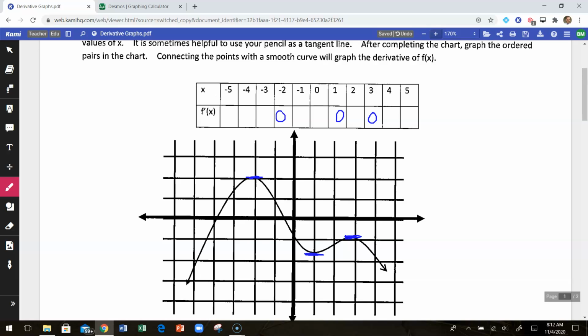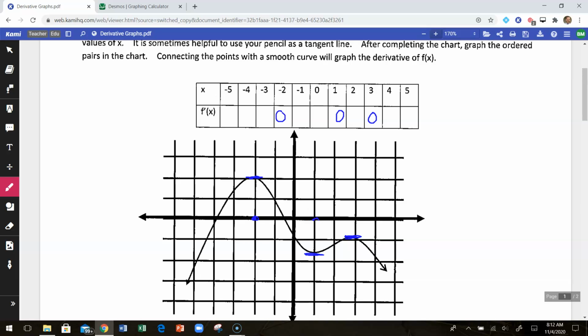Now what that tells you about the graph of the derivative of your function is that at -2, at 1, and at 3, your derivative will cross the x-axis. The y-coordinate of your derivative is what you got for the slope of the tangent line of your original function. Because the slope of the tangent line at -2 is 0, the y-coordinate of your derivative will be 0.